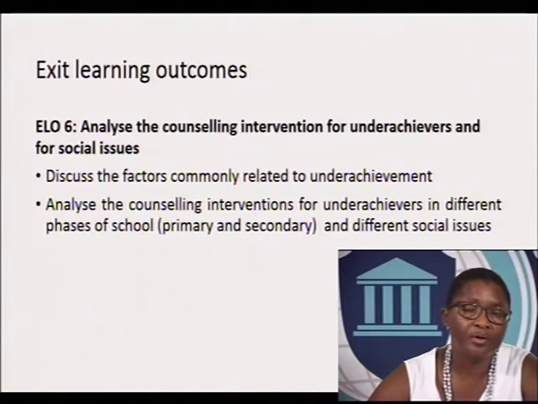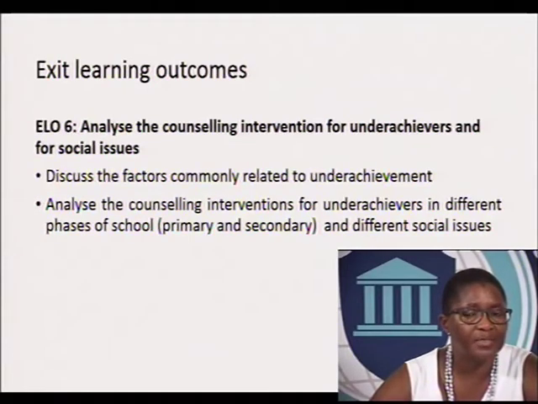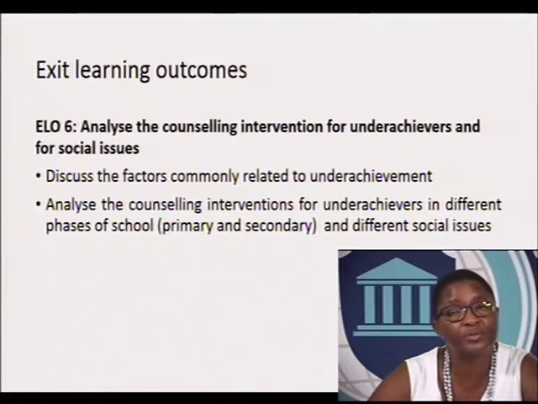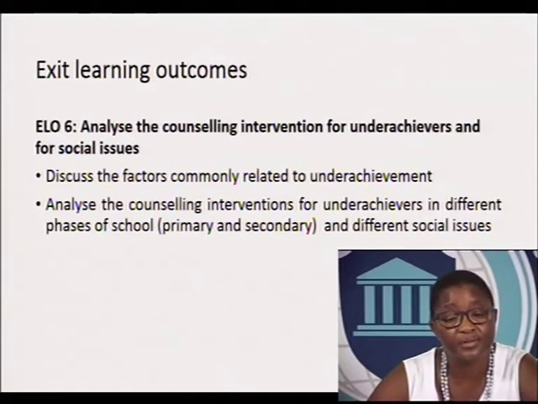When we talk of underachievement, what exactly comes into our mind? This person is able to, but for some reason the person is not able to do the work, the person is not able to do the studies.